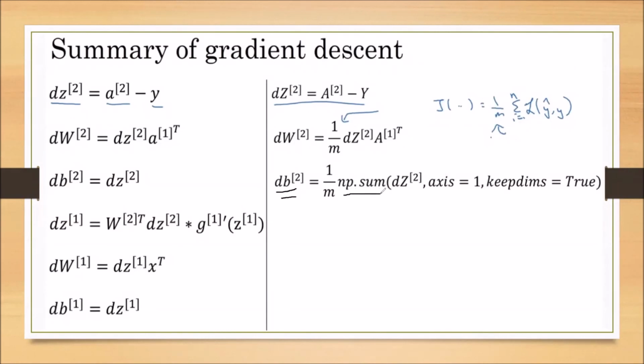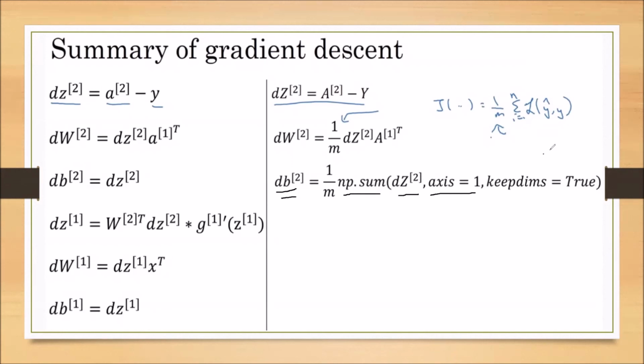For that, in numpy, we can write np.sum(dZ2, axis=1), to make sure that you perform the sum over all the column elements. There is no problem, because we want to calculate only the sum of all the column elements, and keepdims=True.